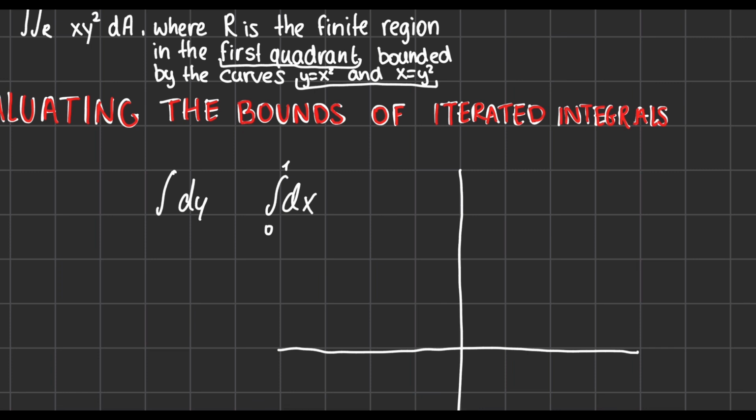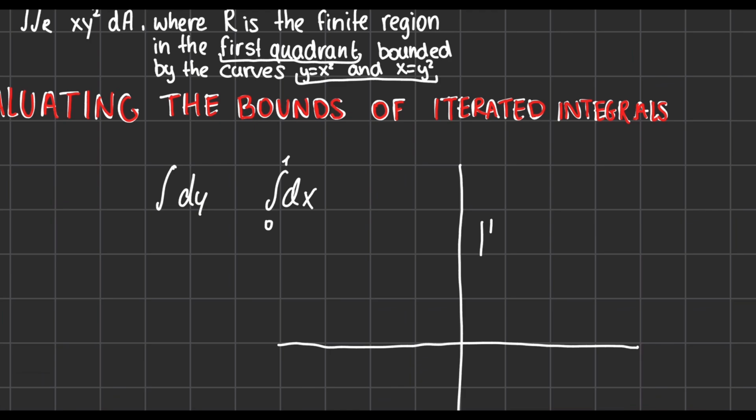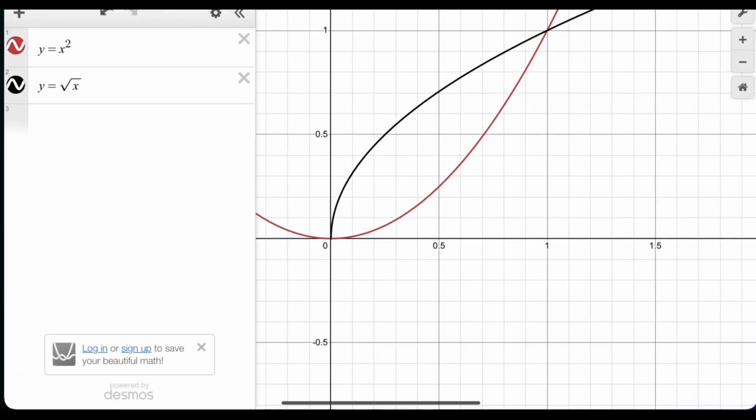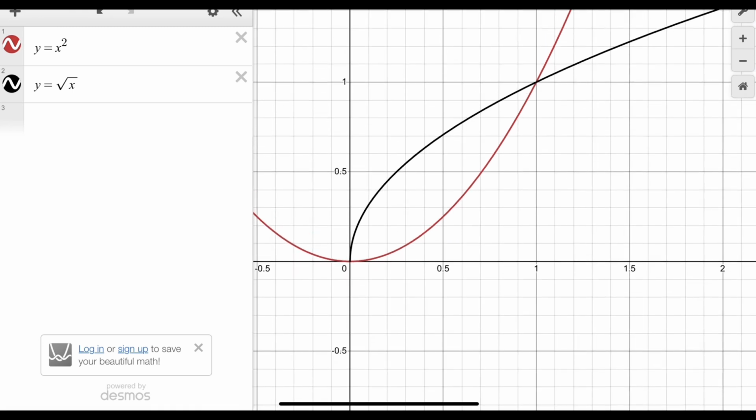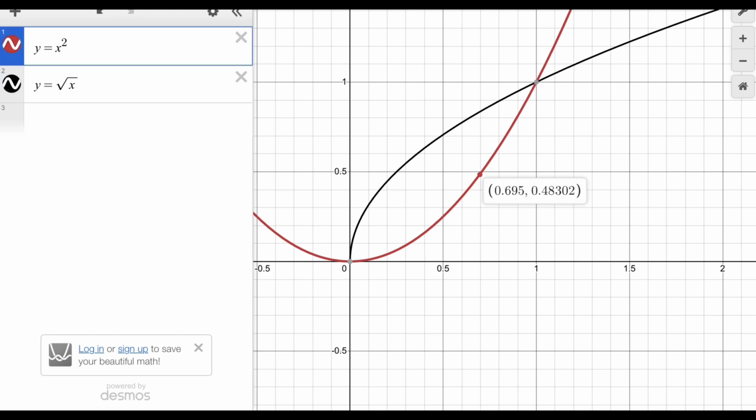Now we need to find the bounds for dy. And for dy, we would be drawing vertical stripes. Going back to Desmos, we can see that the black curve is above the red curve. So this would be the upper bound, and this would be the lower bound. The upper bound is the square root of x, and the lower bound is x squared.